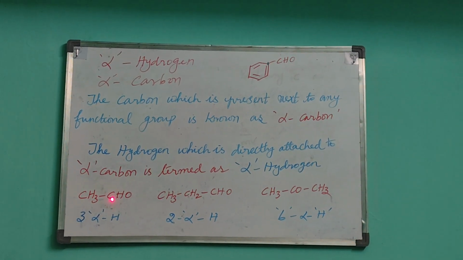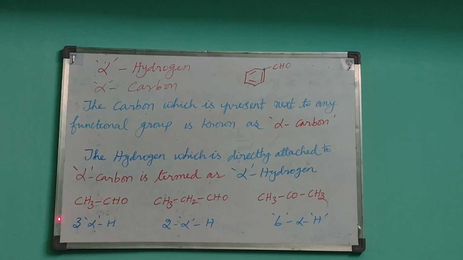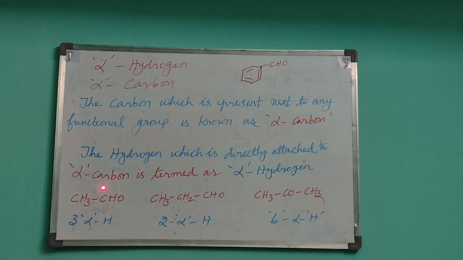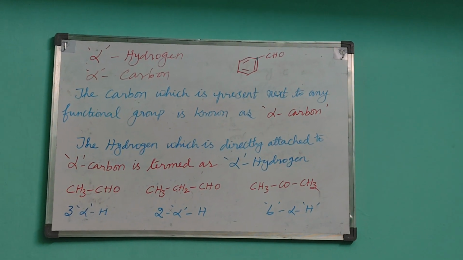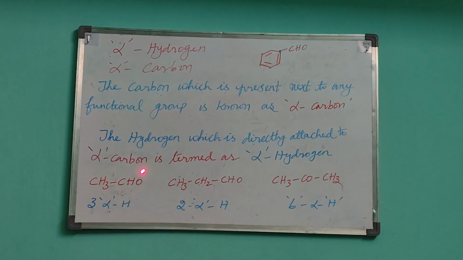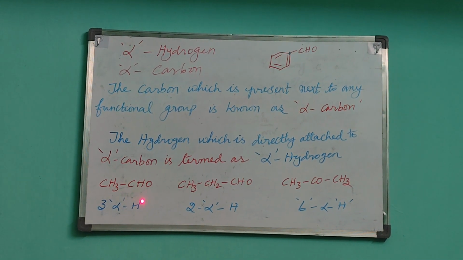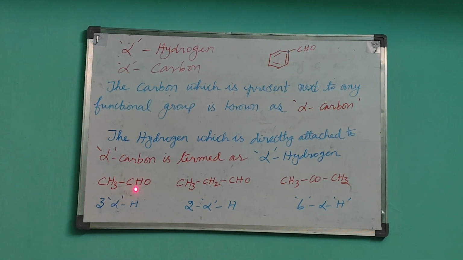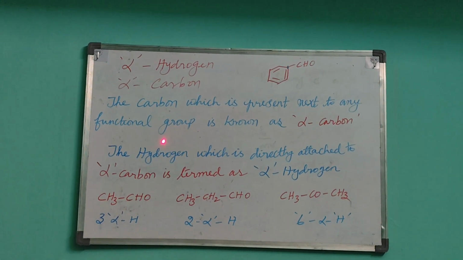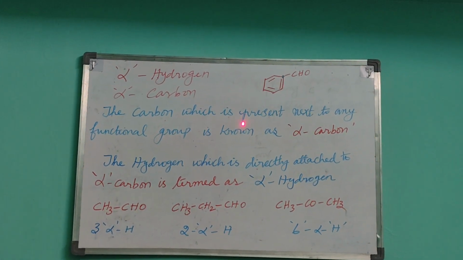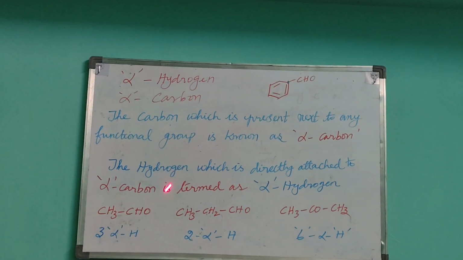Coming to the example, this is acetaldehyde. In this acetaldehyde, what is the functional group? The main thing is, first you have to identify the functional group. So here CHO is the functional group. According to the definition, the carbon which is present next to any functional group is the alpha carbon.